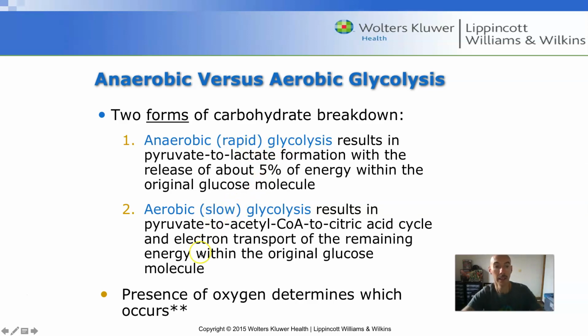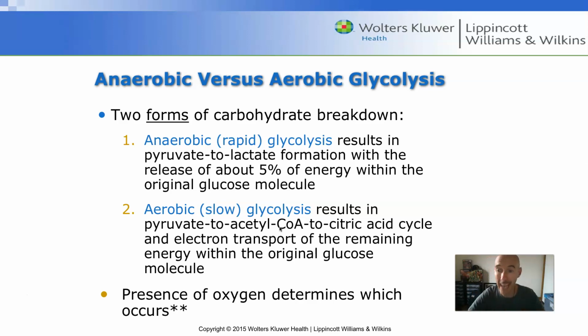Again, the key is oxygen available. So oxygen can be available, and we can still use glycolysis. If that's the case, then the end product from glycolysis, which is pyruvate, gets converted into acetyl-CoA, which then travels on to oxidative phosphorylation.